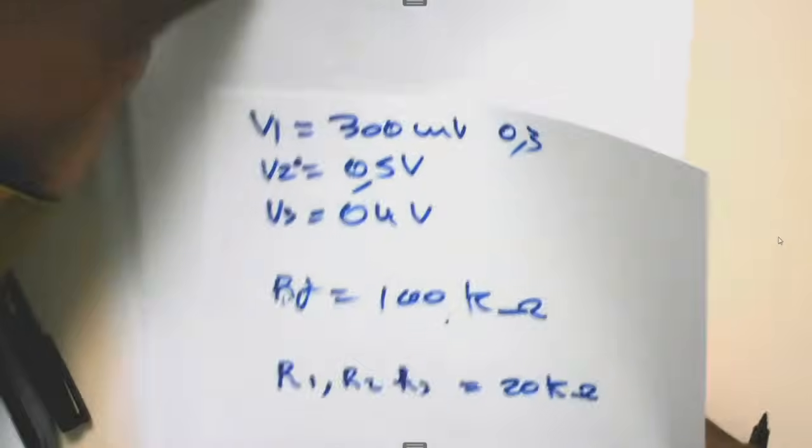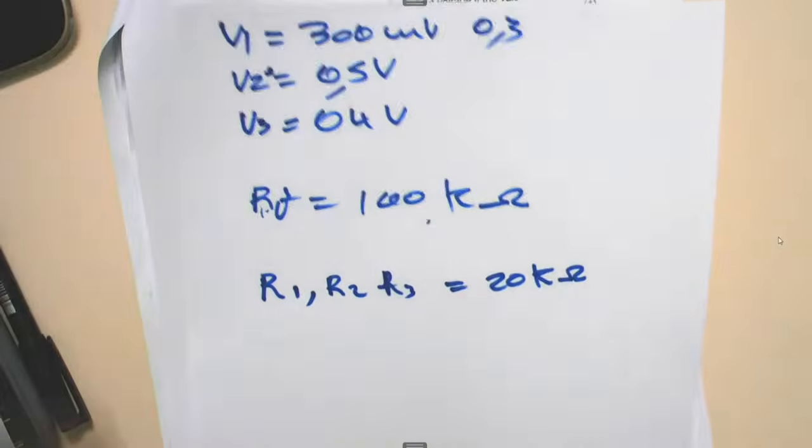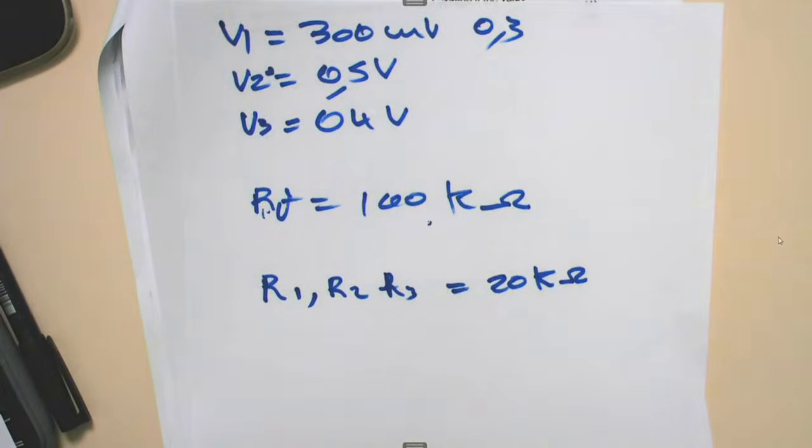Before we calculate, there is a question which says, explain how the gain of this amplifier can be determined. So normally we say the gain of amplifier is determined by the ratio of the feedback resistor to the input resistor of each branch. The following one says, calculate the output voltage of the amplifier.